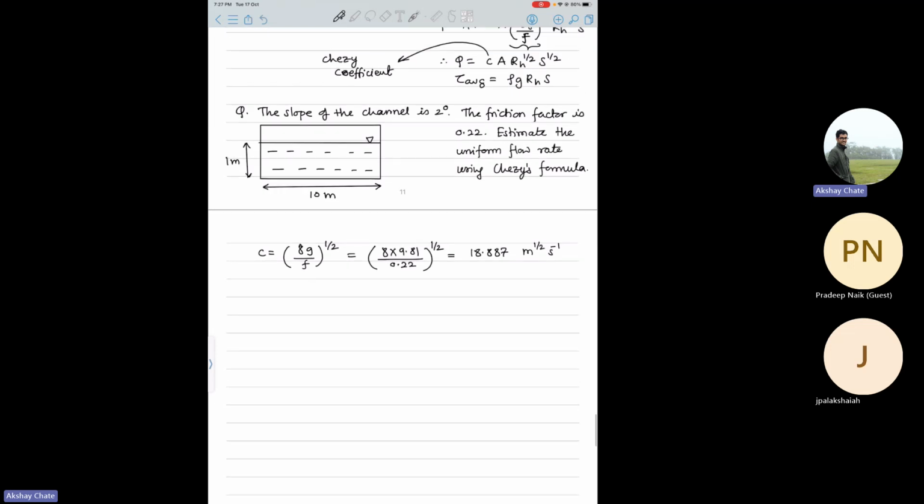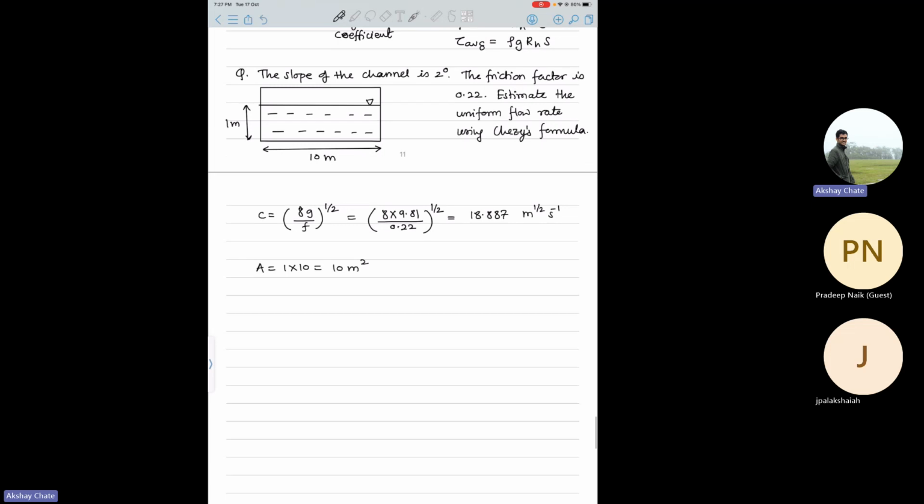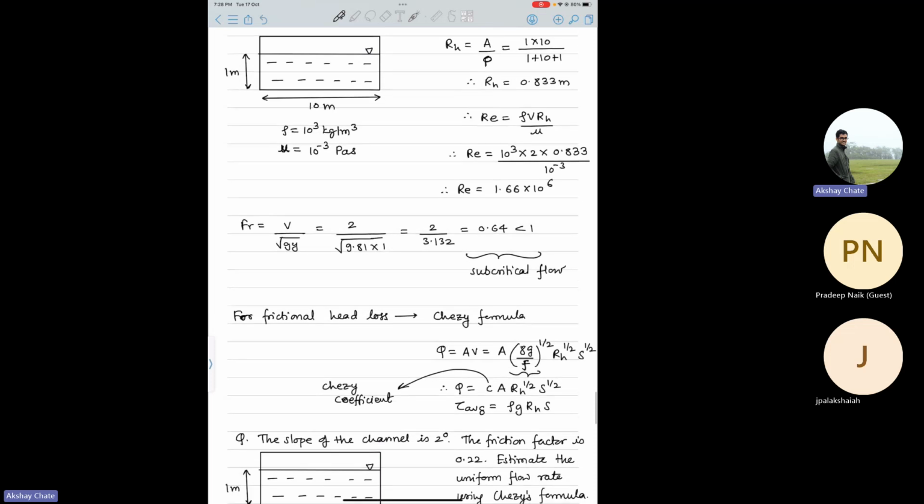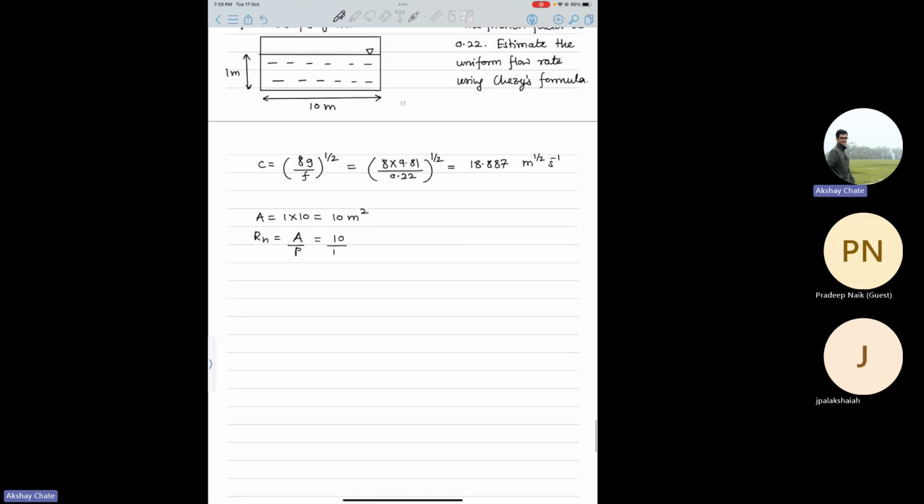Then you can calculate the area, which will be 1 into 10, so 10 meters square. You can calculate hydraulic radius, which will be A by P, and I think we calculated it because the dimensions are same. So hydraulic radius will again come out to be 10 by 12, which is 0.833 meters, and the slope is tan theta, so tan of 2 degrees.